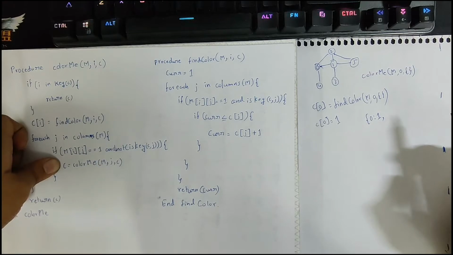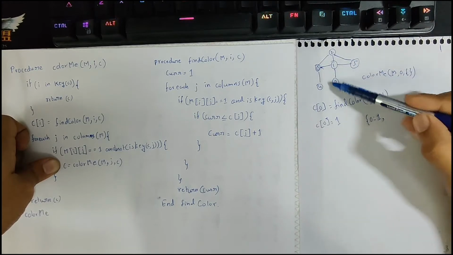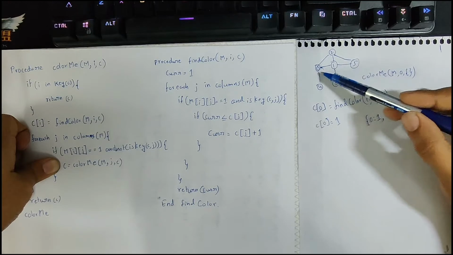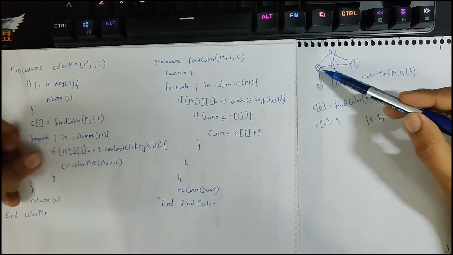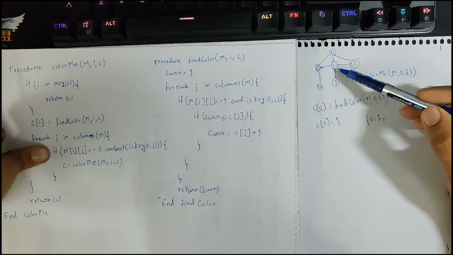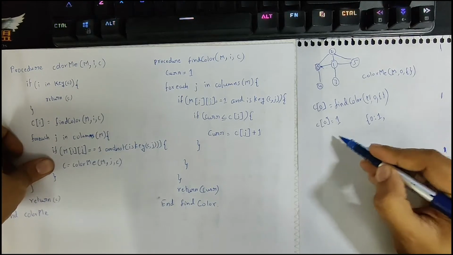C equal to color me of M comma J comma C. So if you see in sequence, there are 3 edges from 0, that is 0 to 1, 0 to 2 and 0 to 4. And in this step, if you see 0 to 1, there is an edge, and this 1 is not yet a key in our dictionary. Okay, so we'll be going to the next step here.